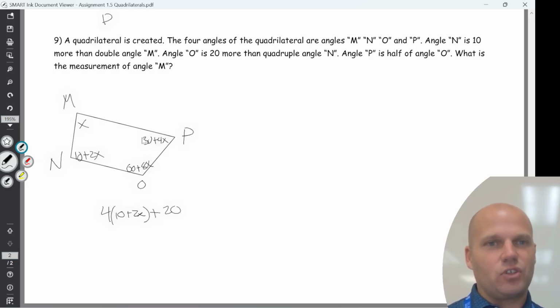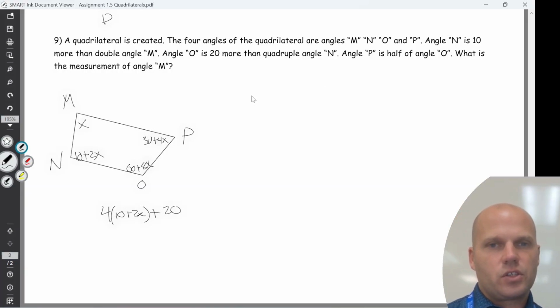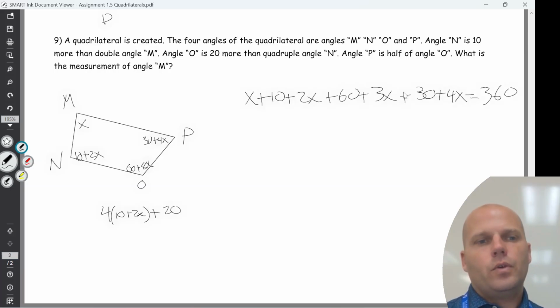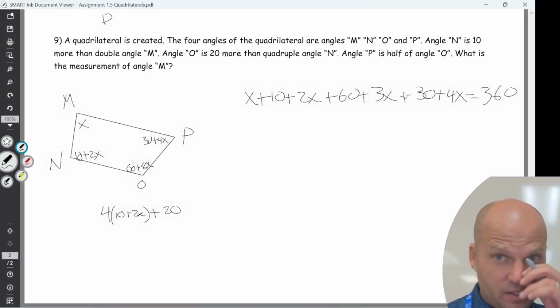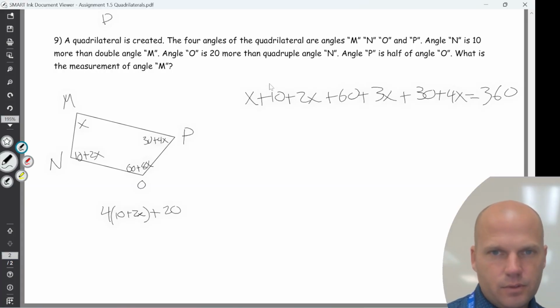I just think this is really intuitive and smart. And you guys actually showed me this, and it was not how I did it on the triangle problem. So we have x, 10 plus 2x, 60 plus 8x, and P is half of angle O. That's just great.